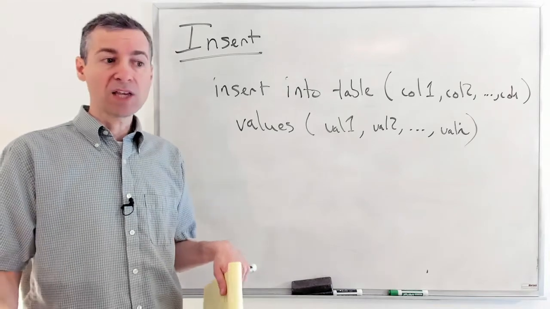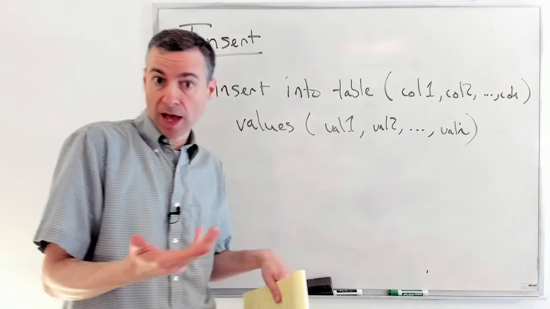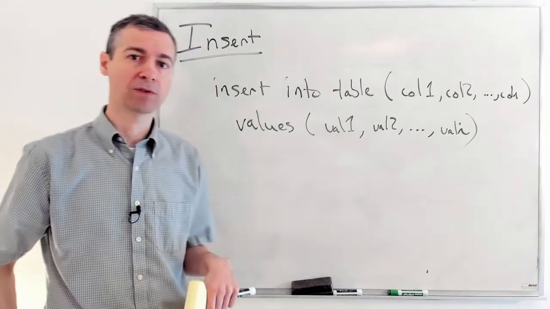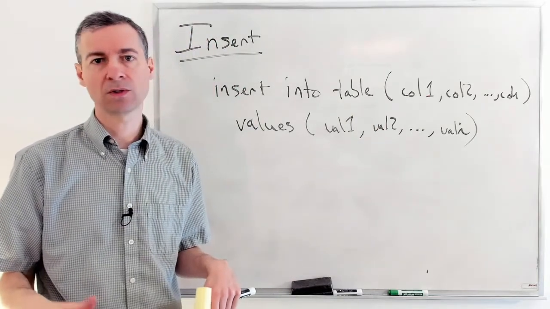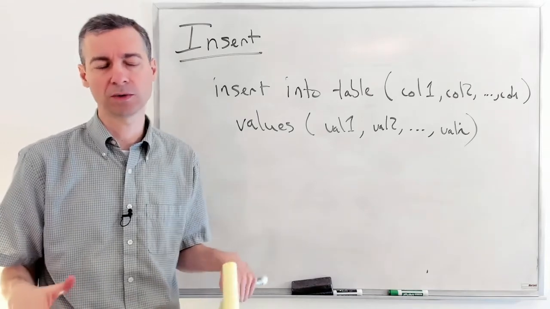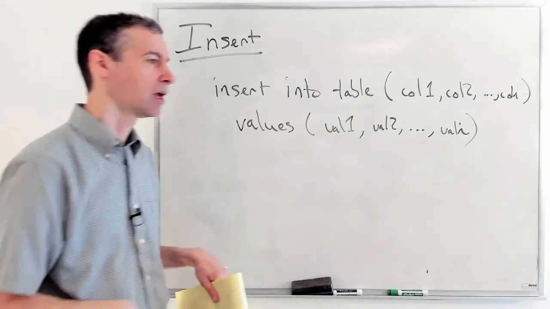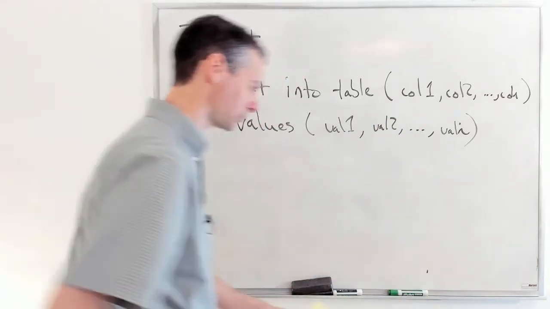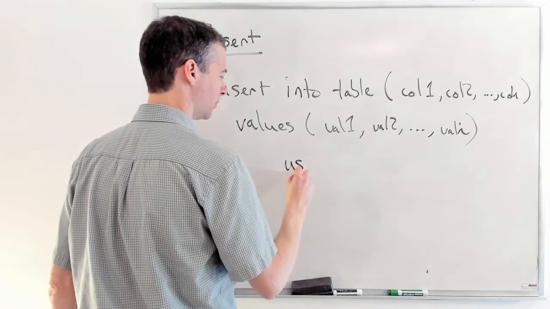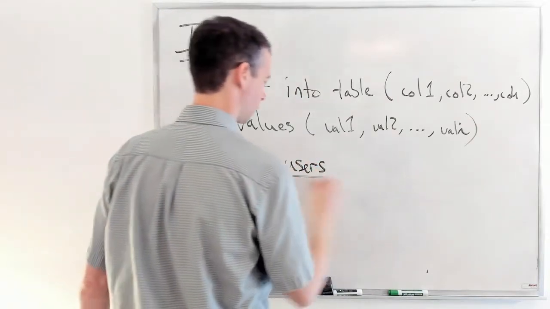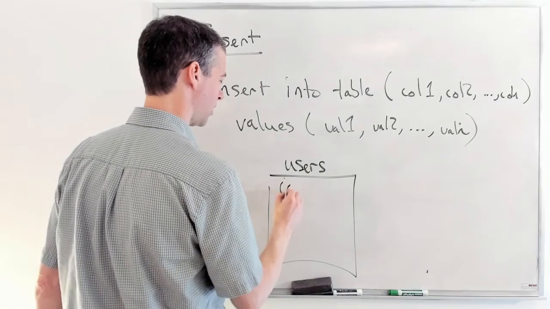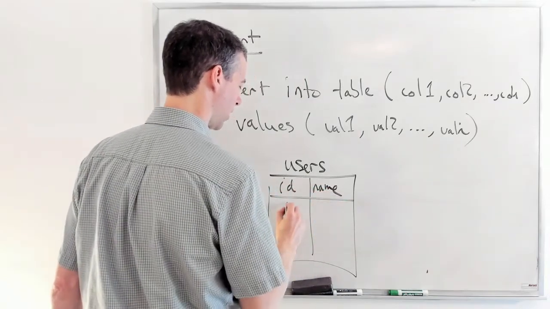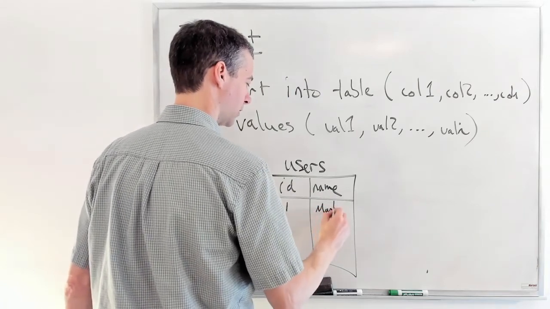Very handy. If you were to specify that ID as one of the columns, you would override that default auto-incremented value, and you don't really want to do that. That would be special circumstances. So you're going to often see a situation where, let's say we've got a users table, and again, let's say we have an ID and we have a name, and we already have, like, one, and Mark is in that table.